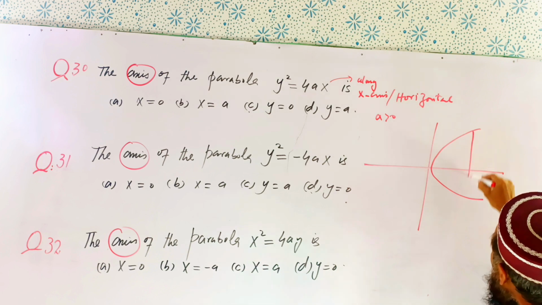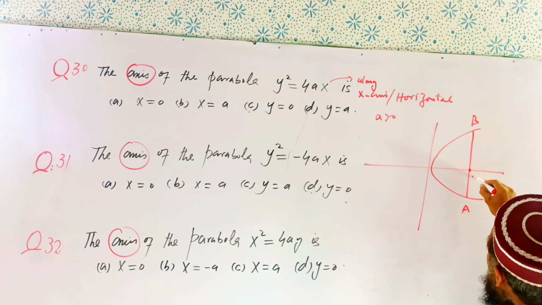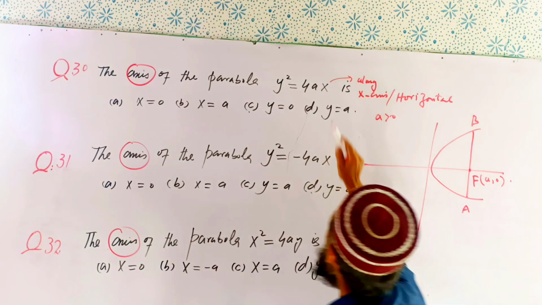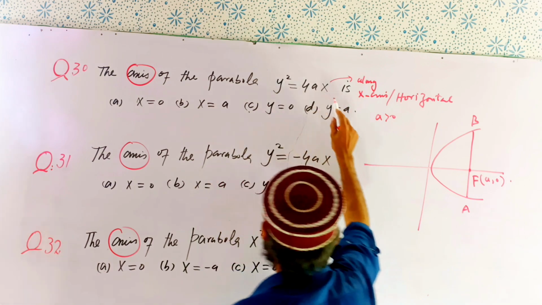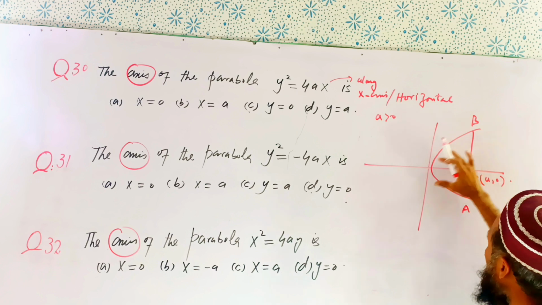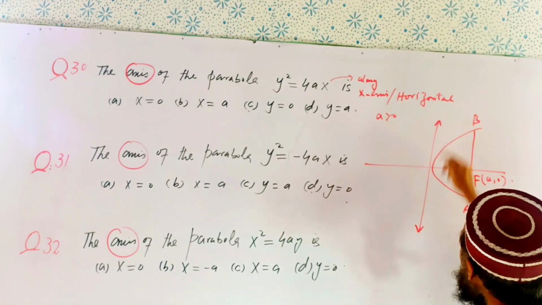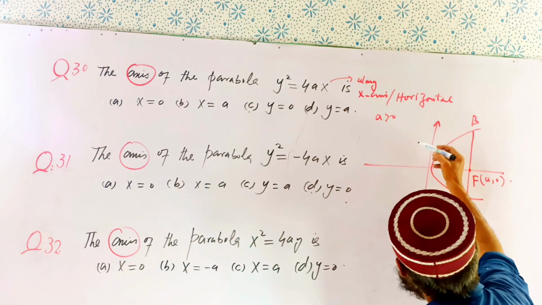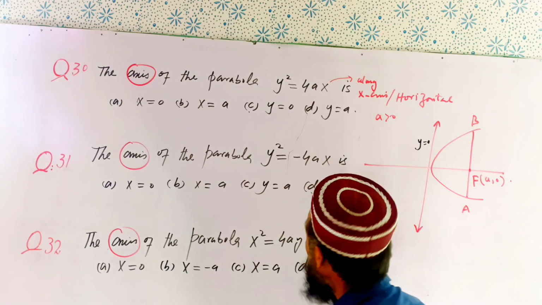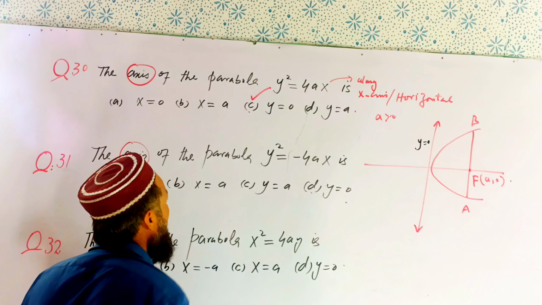X is equal to A. Here A and B are any 2 points, and the focus is (A, 0). For the axis of the parabola, we put this line y is equal to 0. Now we check, option C is the correct option.